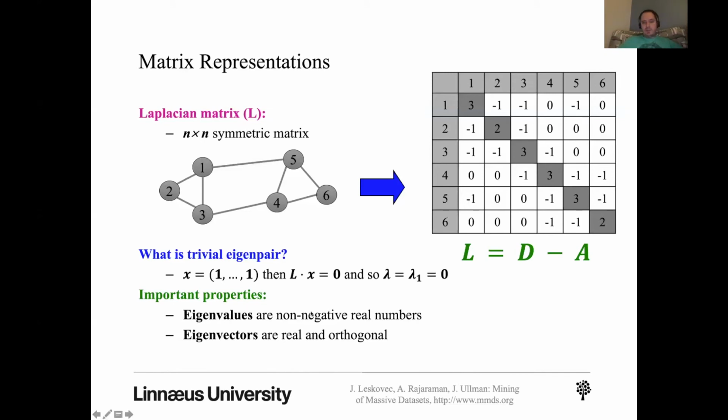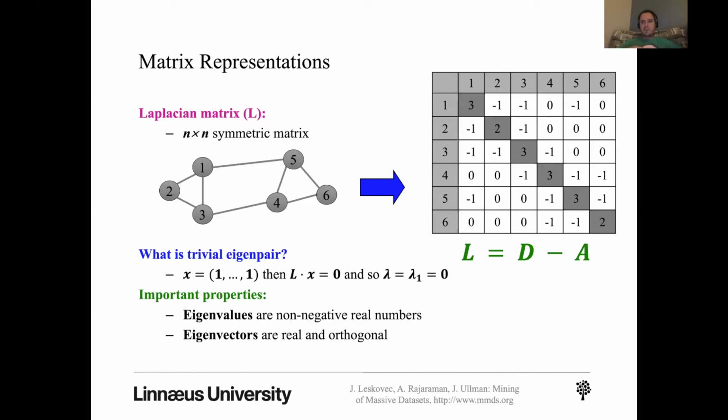It has some properties: the eigenvalues are non-negative real numbers and the eigenvectors are real and orthogonal. This is all due to the fact that the matrix is symmetric and square. So these are very specific, easy matrices to deal with, because they don't involve imaginary numbers and things like that.